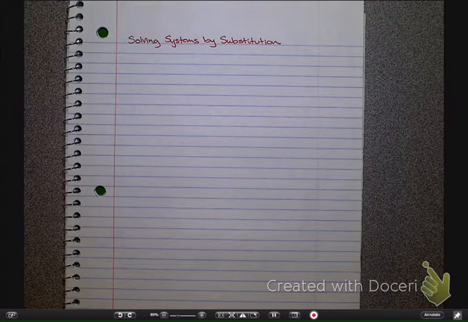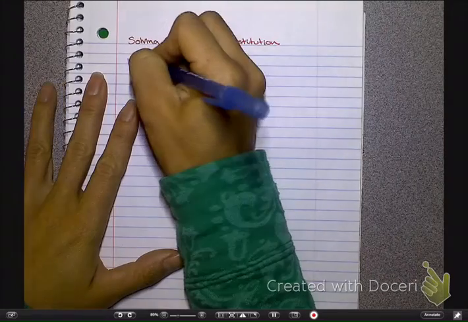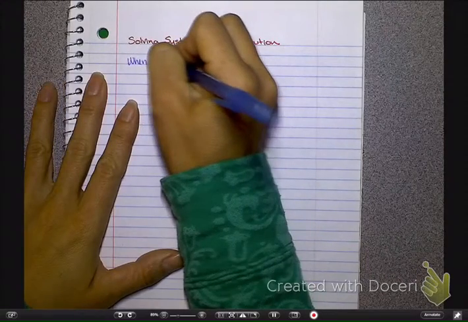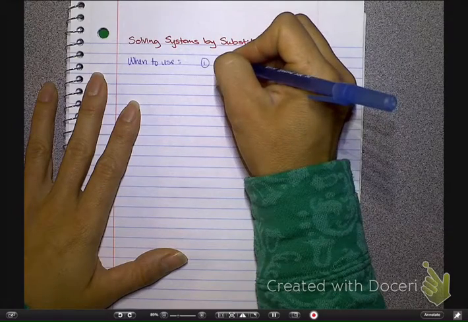Okay, the substitution method is a good method to use if you don't want to graph and at least one of the equations is solved for either x or y. Okay, so when do you use this method? One, if you don't want to graph.